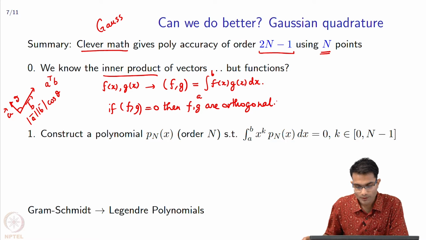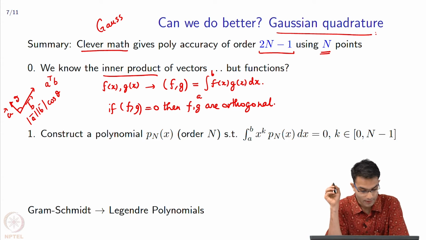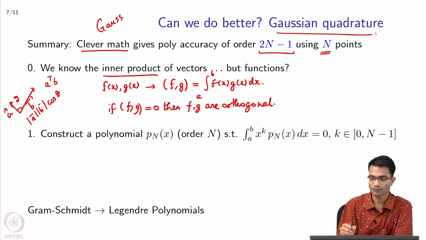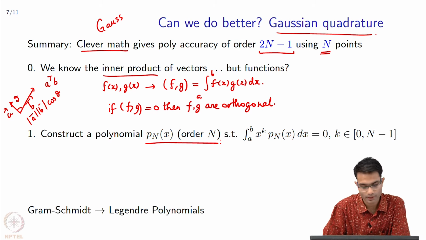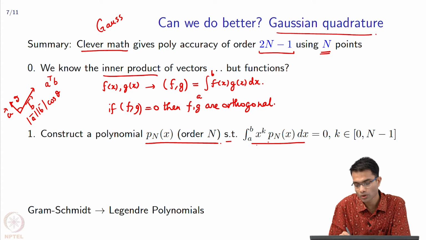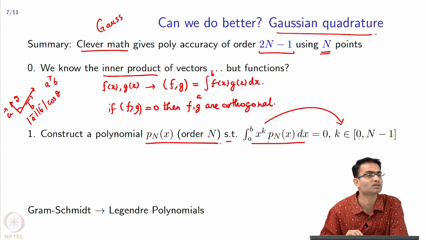So, this so called Gaussian quadrature that we are discussing now starts with saying construct a polynomial of order n such that it is orthogonal to all polynomials of order less than n. So in this x to the power k, notice that k is maximum n minus 1.